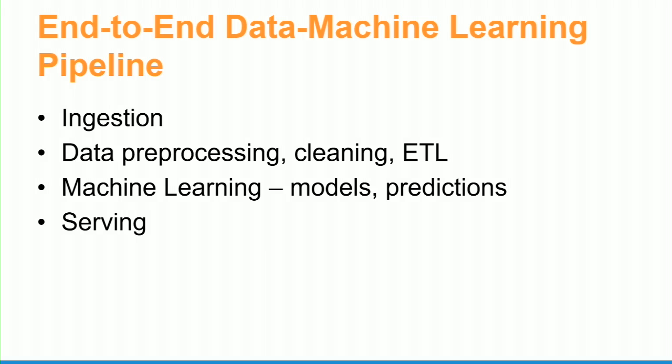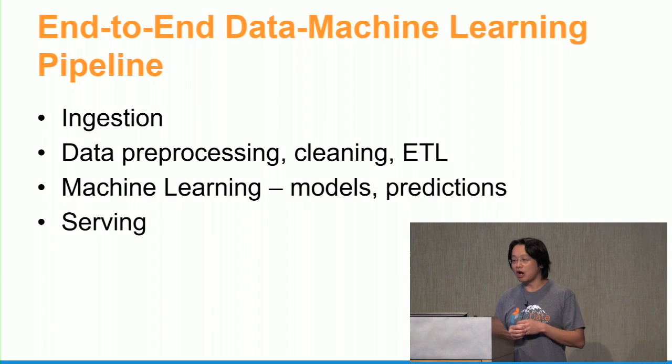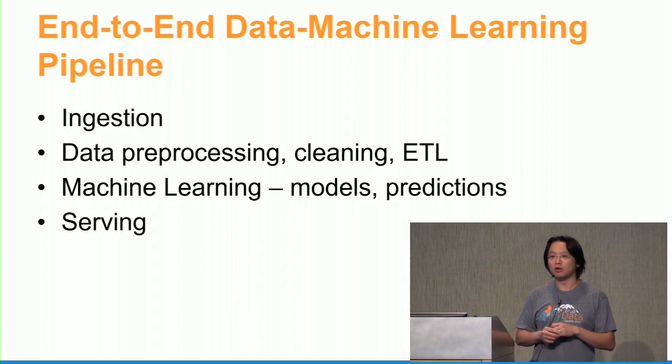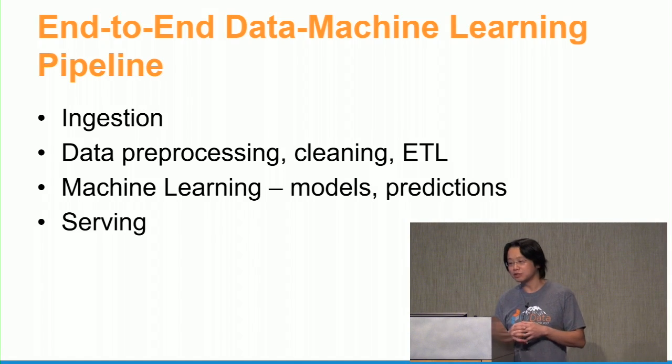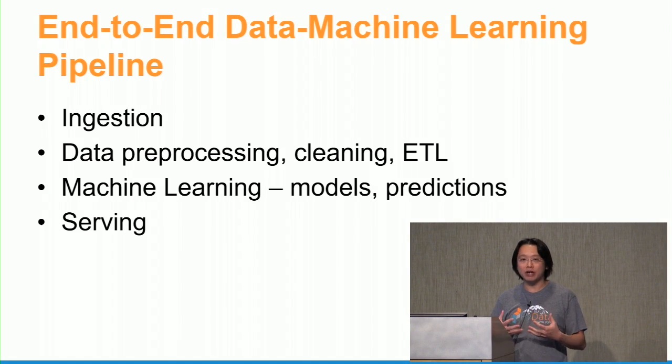You ingest it. You probably want to do some pre-processing, cleaning the data a little bit, deleting some of the garbage data, doing some ETL, maybe aggregating it or joining it with something else. And then you pass it to machine learning, whether it's creating or training a model or maybe doing predictions as we go. And then some of these insights, you want to be able to serve and connect to something else.